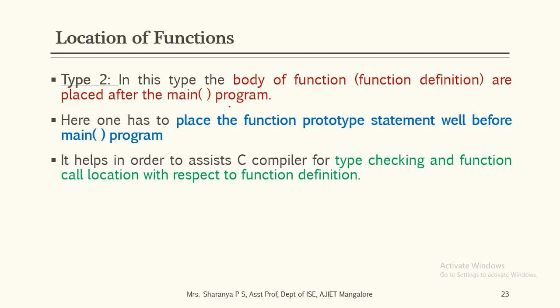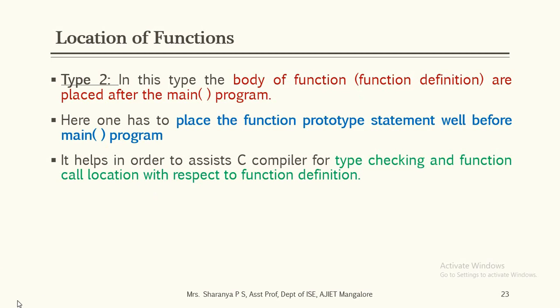One more type, the second type, is where the body of the function, that is the function definition, is placed after the main function. This is the example we have discussed, to find the sum of two numbers using a function. Place the function prototype well before the main program. We have to compulsorily write the function prototype at the very beginning of the code.